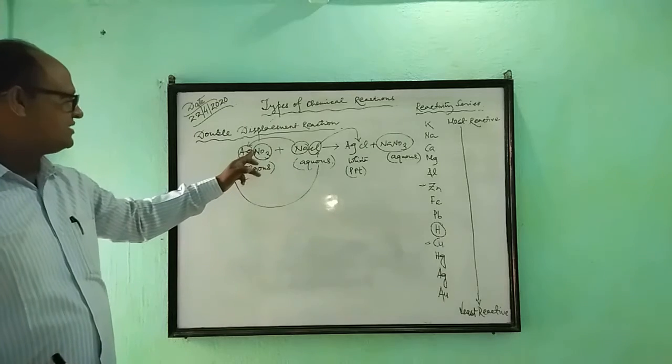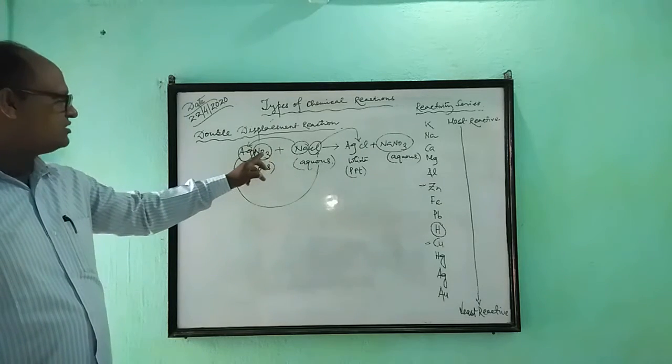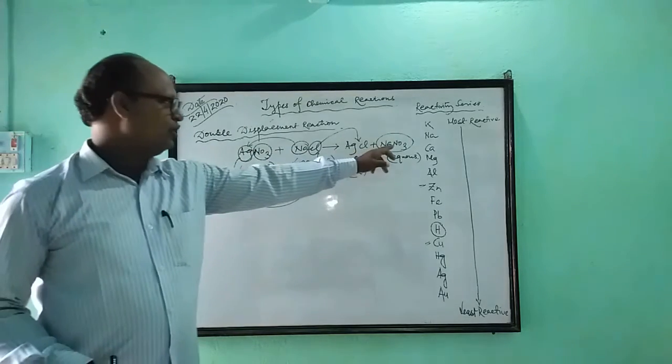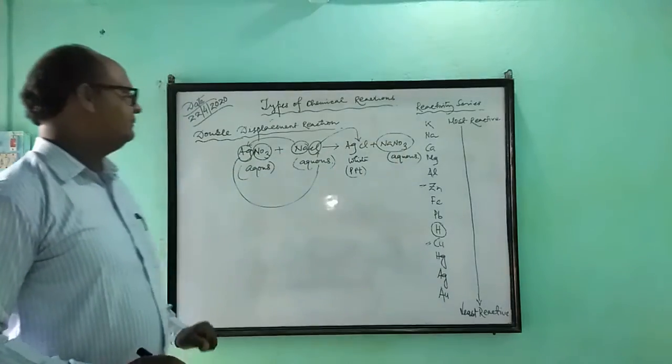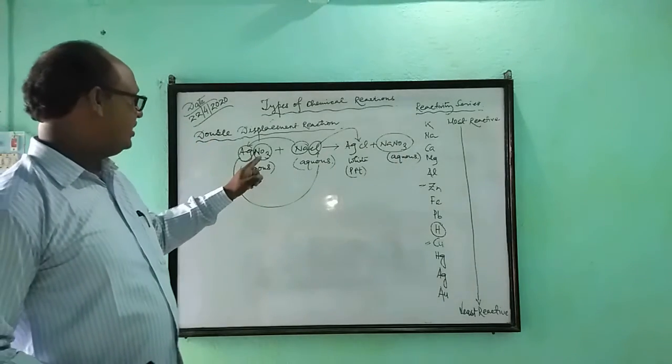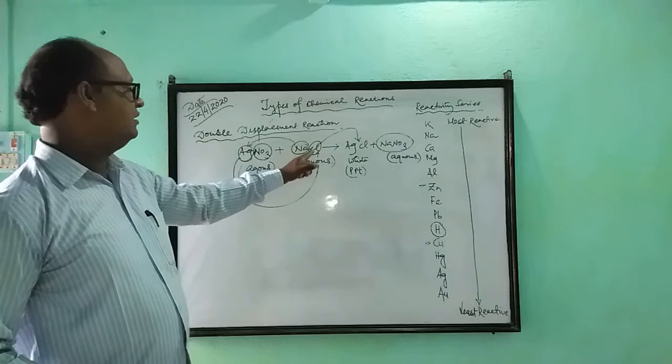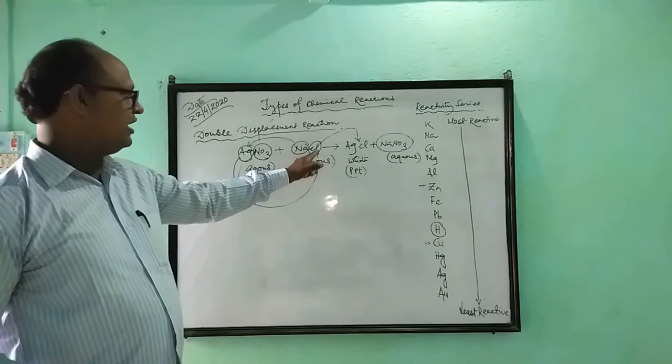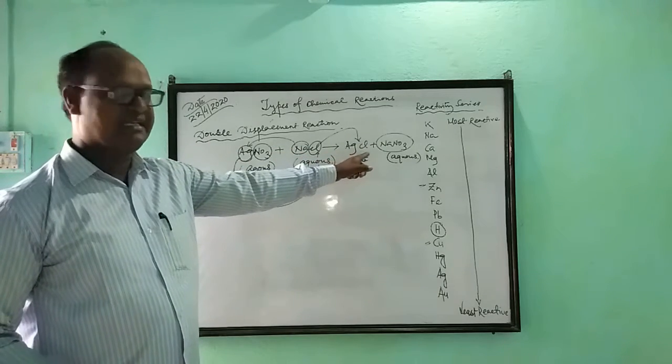Sodium displaces Ag and combines with NO3 to produce NaNO3. In the same way, Ag combines with chlorine and makes AgCl.